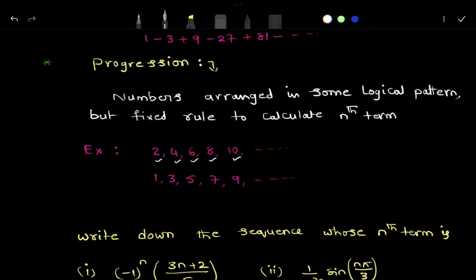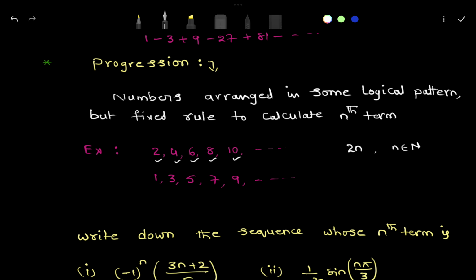You can say the numbers are arranged in a logical pattern with a fixed rule to calculate the nth term. Here the nth term is 2 into n, where n belongs to the natural numbers N. By substituting n equals 1, n equals 2, n equals 3, n equals 4 and so on, you can get the terms.